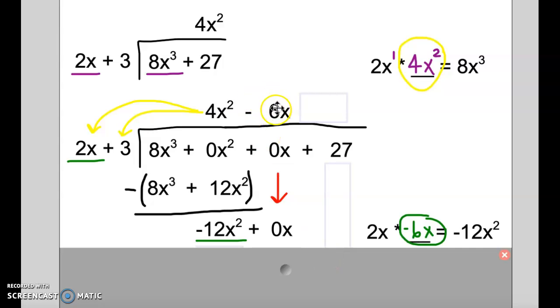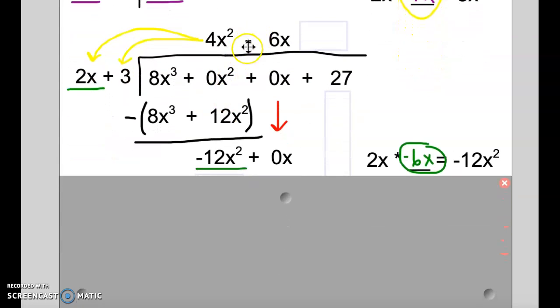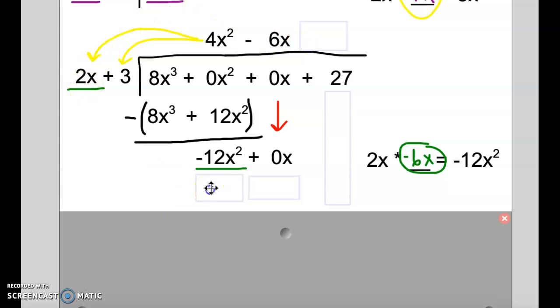Okay, once I write a number in my quotient, we start over and we do the multiplication. This negative sign comes with that number. Remember, whatever sign is in front of the number comes with that number. So I'm going to do negative 6x times 2x gives me negative 12x squared.